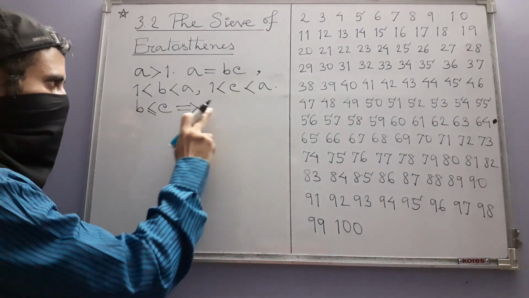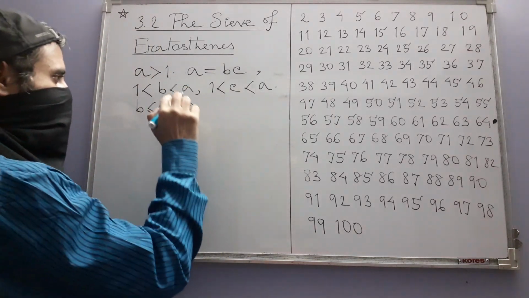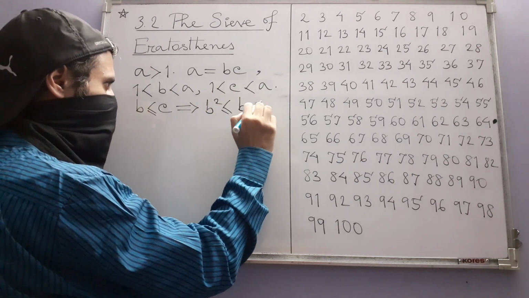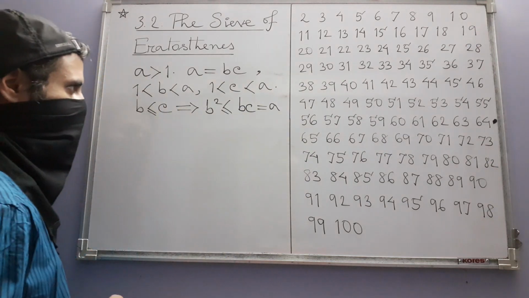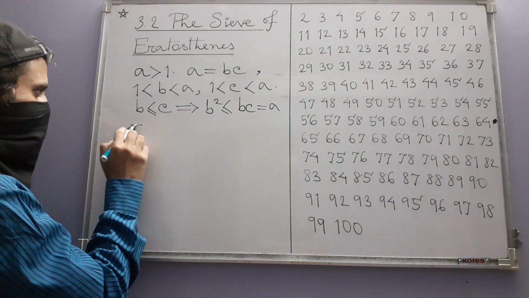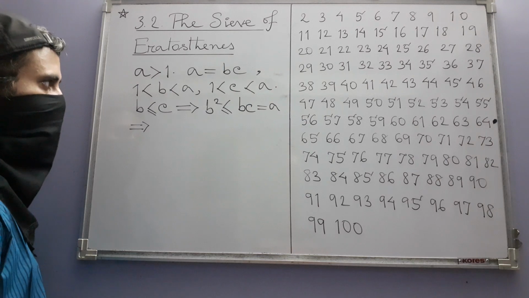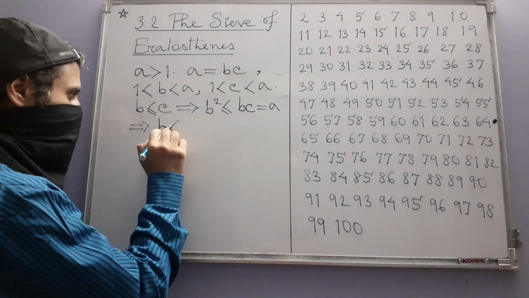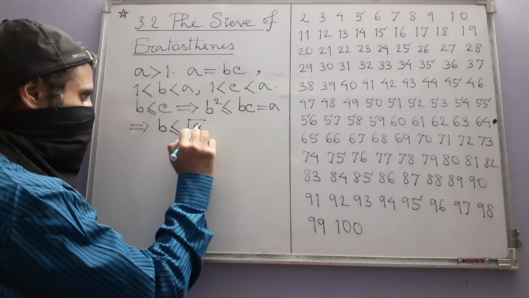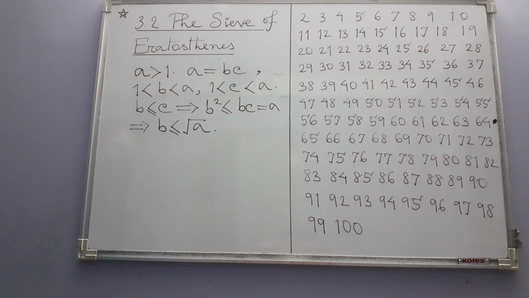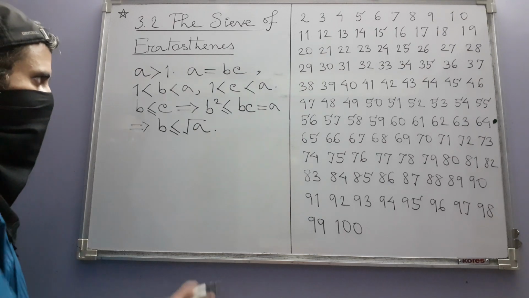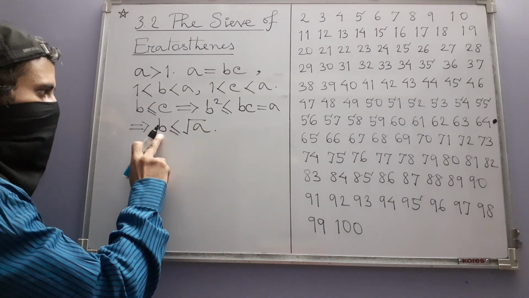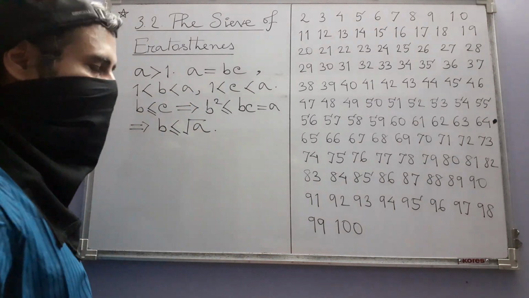In this case, the inequality will not get reversed, and you will have this, and BC is A. Now again, because both B and A are positive, we can take square roots on both sides, obtaining this inequality. So you see that at least one of these two factors of A has to be less than or equal to the square root of A.